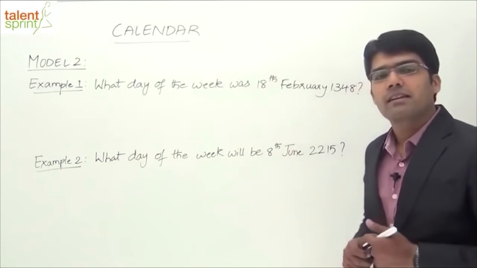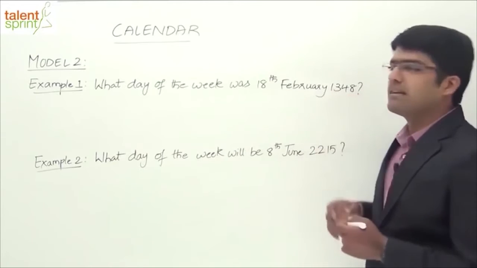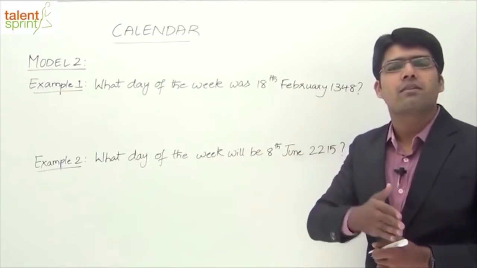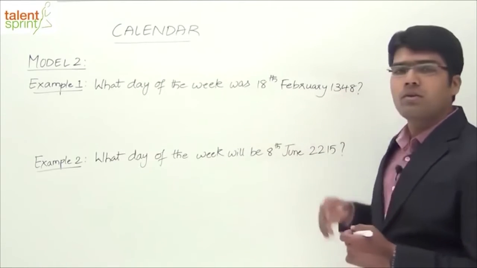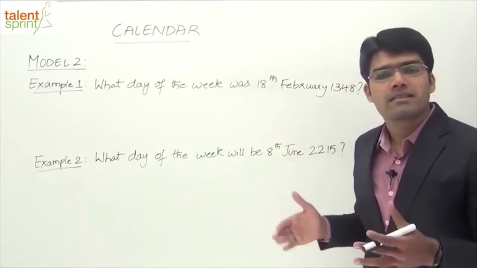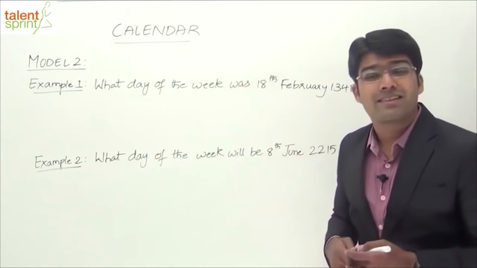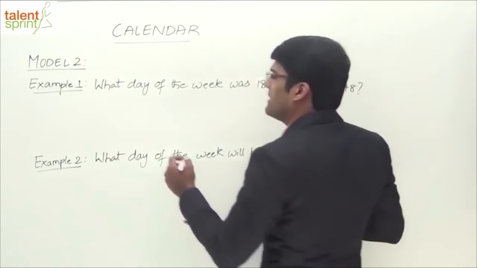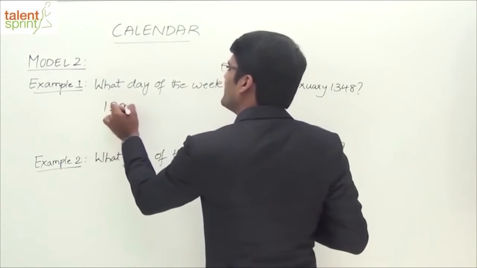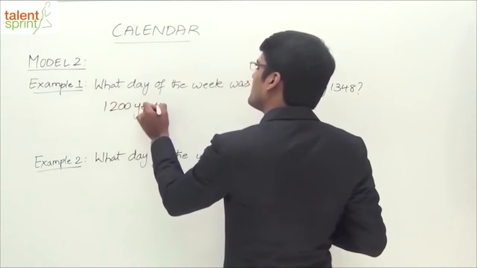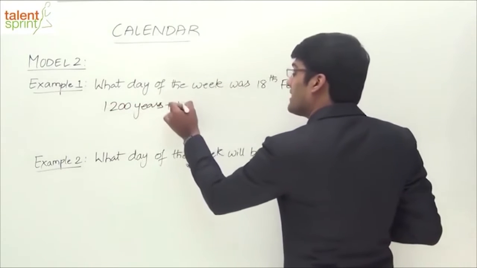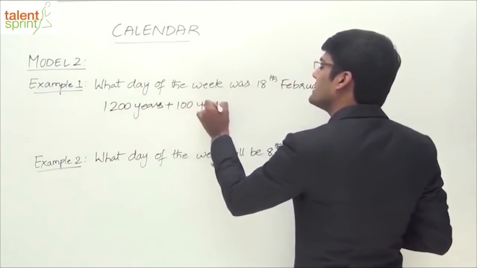So how do we calculate the number of odd days? We'll split this period, that is 1st January of the first year to 18th February 1348, into different parts, where the calculation of the number of odd days is very easy. So it can be taken as the first 1200 years, plus 100 years. What are these 100 years?